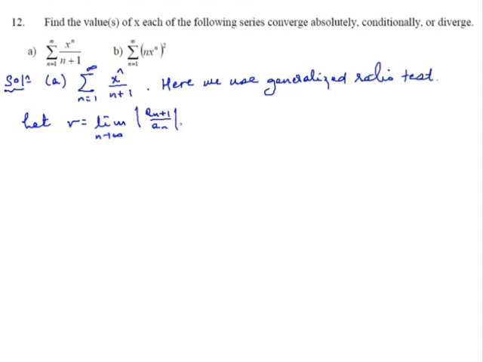If the n's term is x to the power of n over n plus 1, from this we can see that the n plus 1's term is x to the power of n plus 1 over n plus 2.